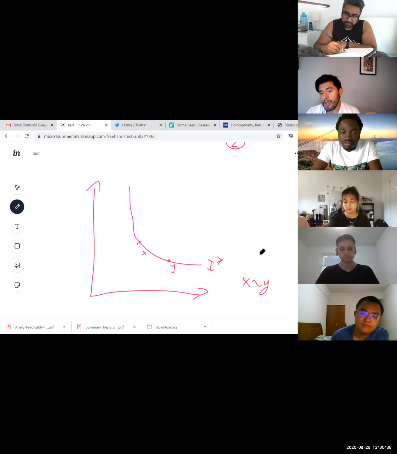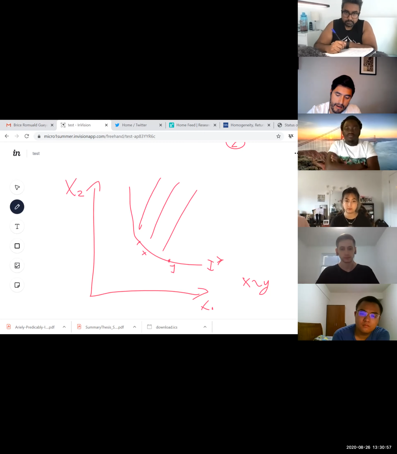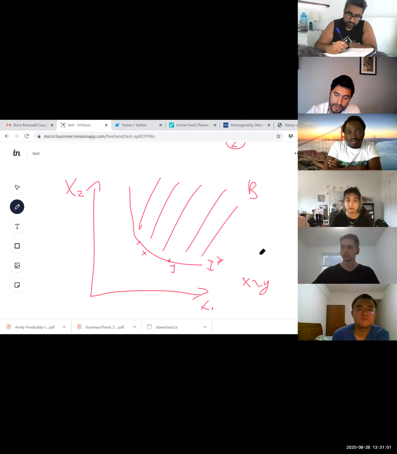Now, of course, I can draw it for 2 dimensions, right? But for multiple dimensions, it's a surface for 3. For 4, it's just a manifold, right? It's an object of high dimension in general. So I can only draw it for this particular dimension. So what is the upper contour set? Well, I'm just going to do these lines here, right? So this here is the upper contour set.